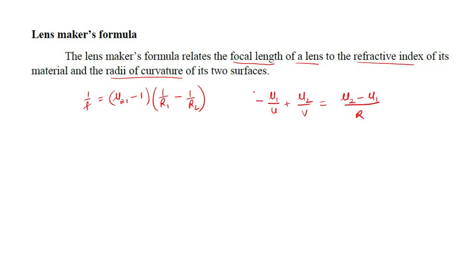This is the formula for refraction on a spherical surface. Here we consider that light comes from mu1 to mu2. If the ray comes from mu2 to mu1, mu1 and mu2 will interchange.